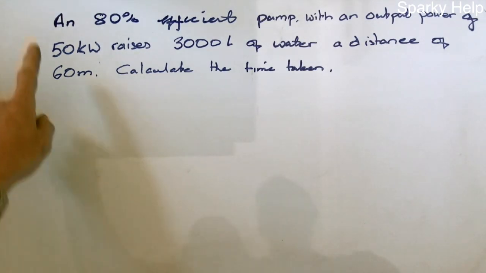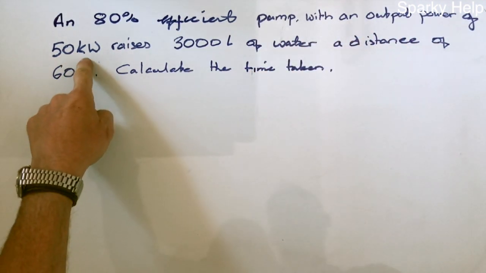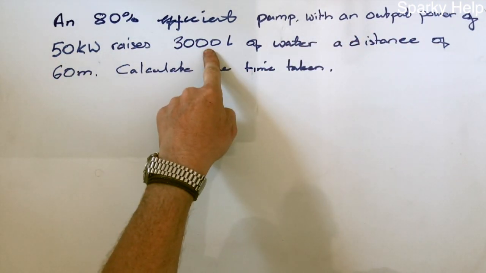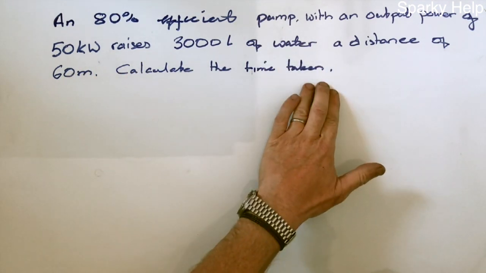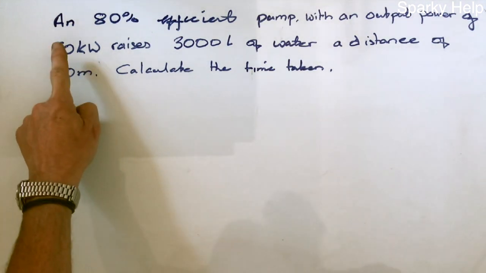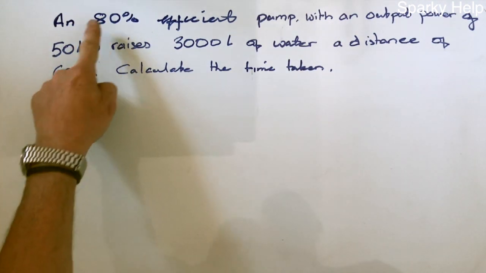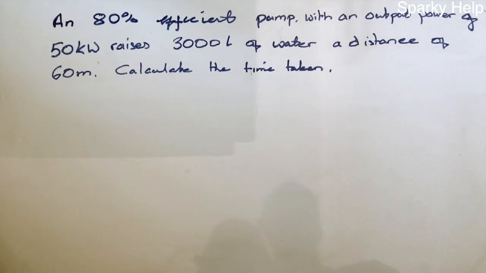Okay, so here we have another question. An 80% efficient pump with an output power of 50 kilowatts raises 3,000 litres of water a distance of 60 metres. Calculate the time taken. So this we have to work backwards. We know the output power and we know it's 80% efficient, so we can find the input power.